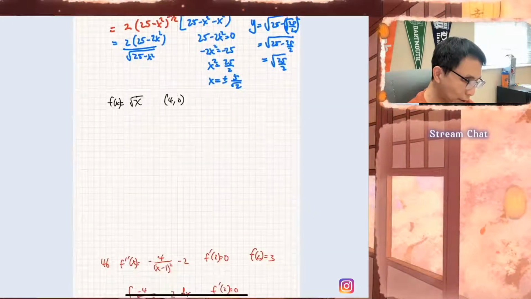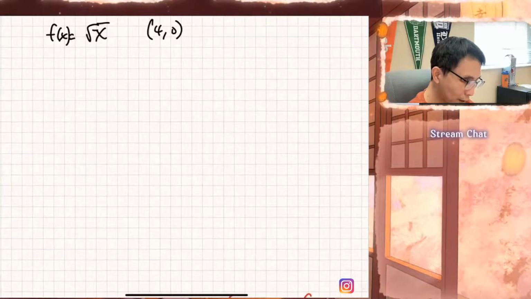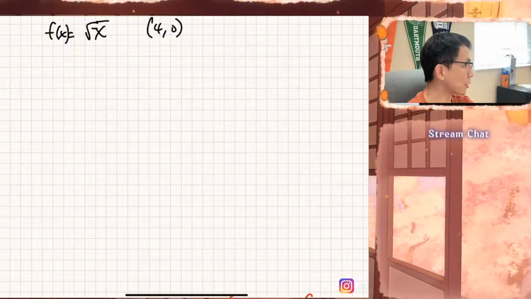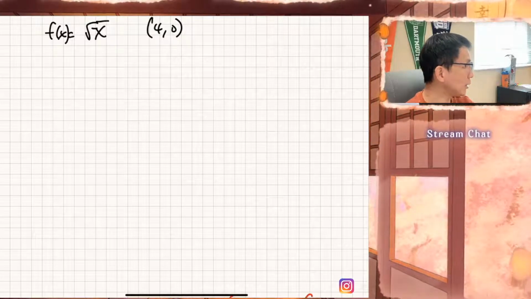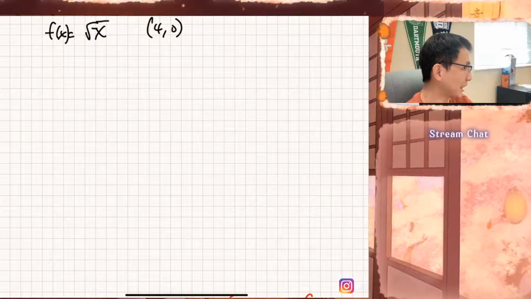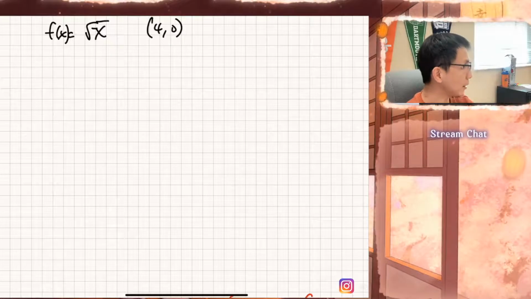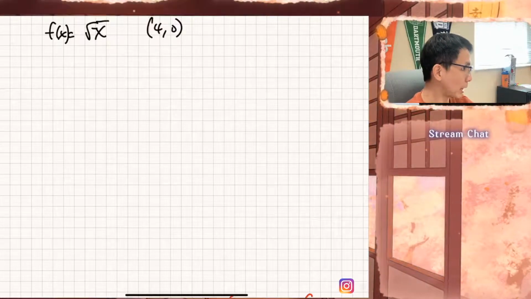Now here's a practice question I'm going to let you have. This is the first one. I want to find the shortest distance, and you're going to get a fraction here. If you did it right, numerator plus denominator is equal to 9.